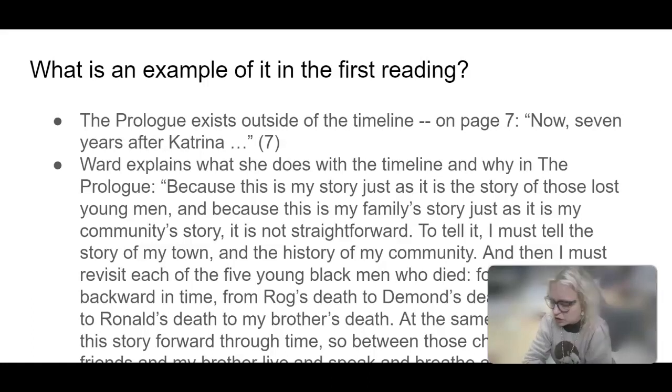And so we hear about the timeline on page 7 of the prologue. The prologue exists outside of the timeline, now 7 years after Katrina. She says, Hurricane Katrina takes place in 2006. All right. And so when she says now 7 years later, we know it's 2013. And that is, in fact, when the book is published.